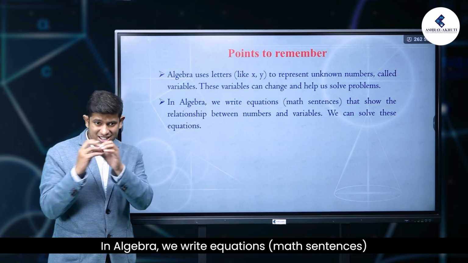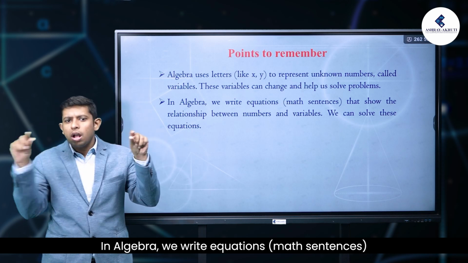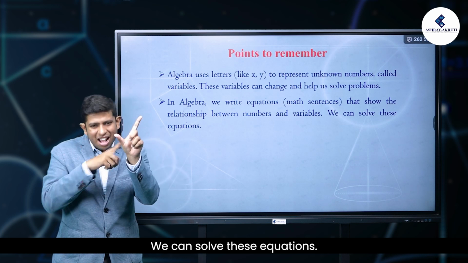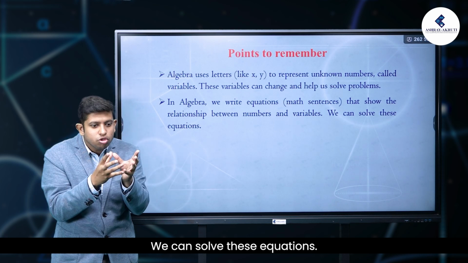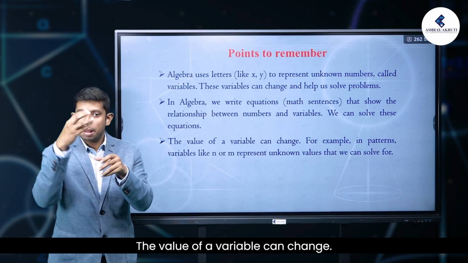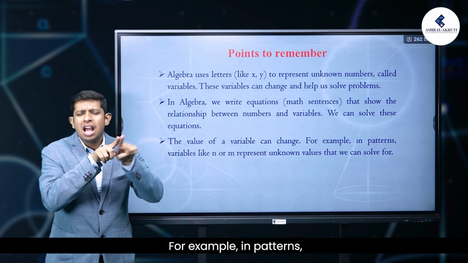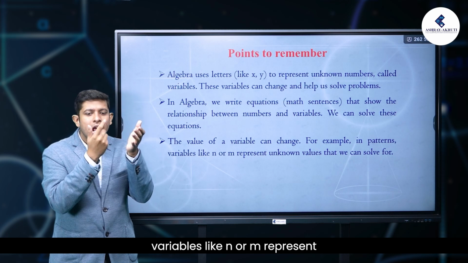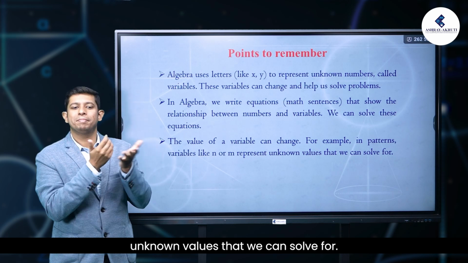In algebra, we write equations, math sentences that show the relationship between numbers and variables. We can solve these equations. The value of a variable can change. For example, in patterns, variables like n or m represent unknown values that we can solve for.